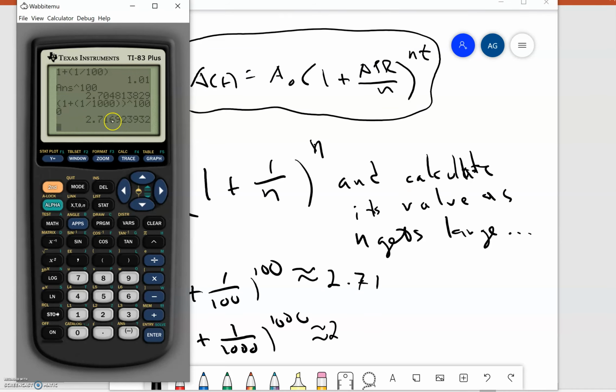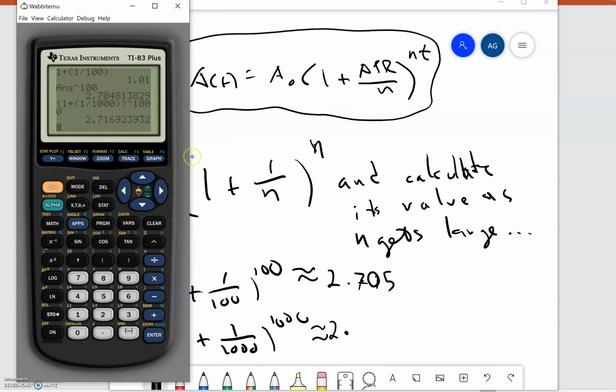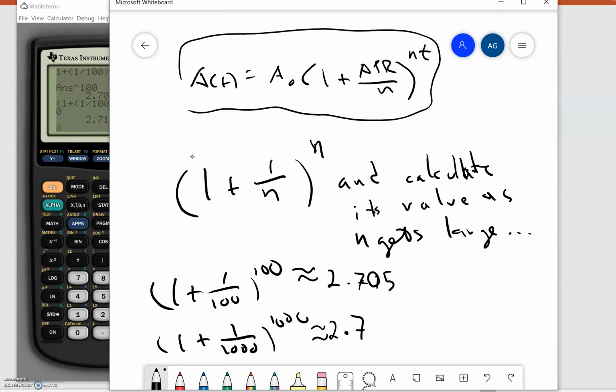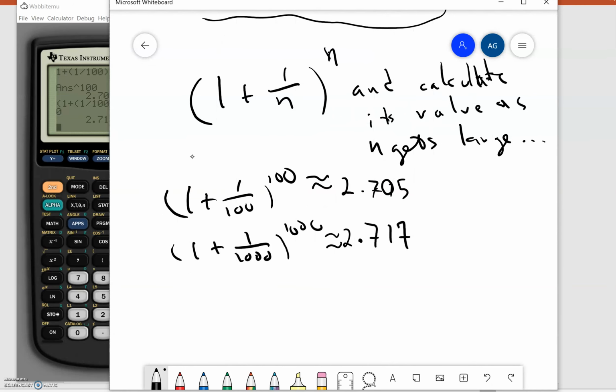Actually, let's go to 3 decimal places. 2.705, and this one's approximately 2.717. Now, if you imagine that this n, which is 100 and 1,000, represents compounding periods. So essentially what we're doing is we are increasing the number of compounding periods per year from 100 to 1,000.